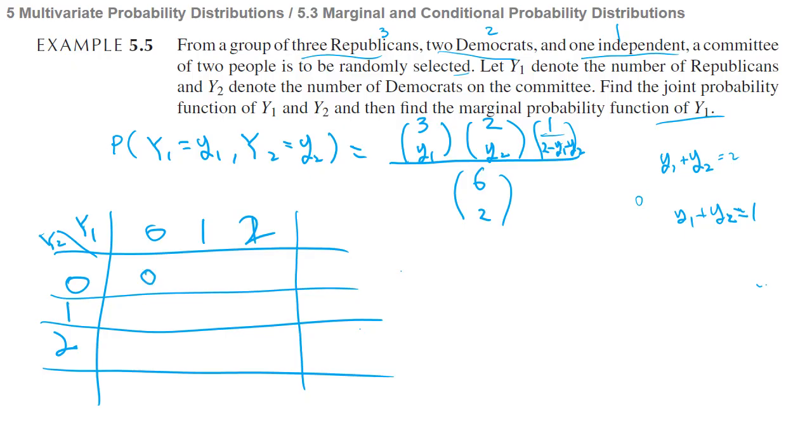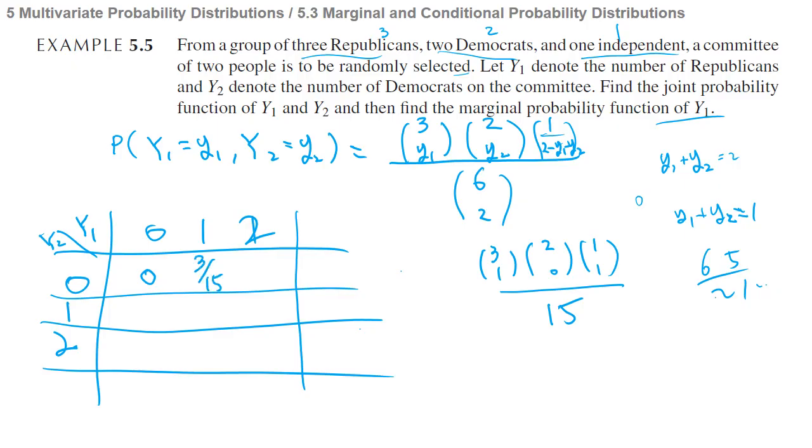And what about y1 equals 1, y2 equals 1? 3 choose 1, 2 choose 1, 1 choose 0, over 6 choose 2, which is 15, so 3 times 2 is 6 over 15.